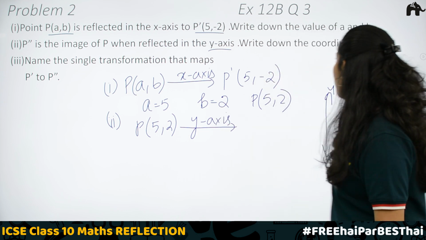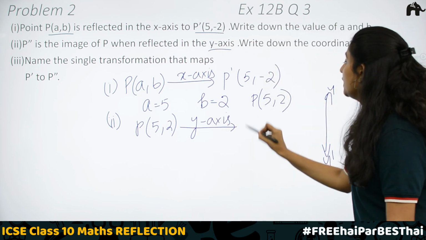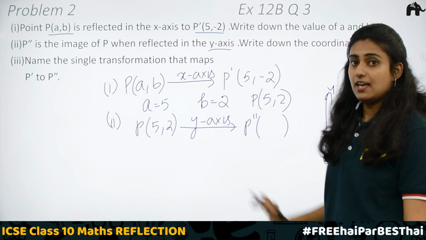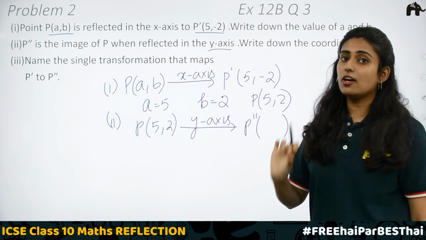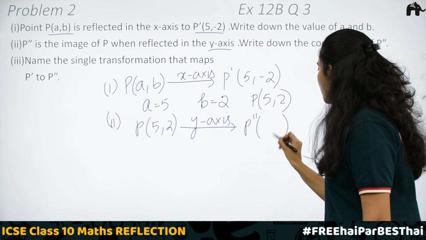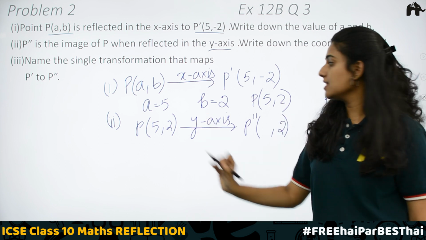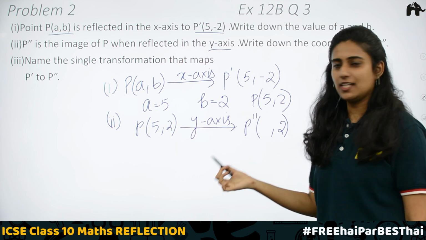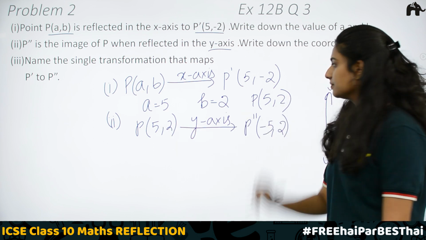What are the coordinates of P double dash? When the reflection is in the y-axis, the y coordinate remains the same and the x coordinate sign changes. Here the y coordinate is 2, keep it as it is. What about the x coordinate? We have 5, which changes to minus 5.